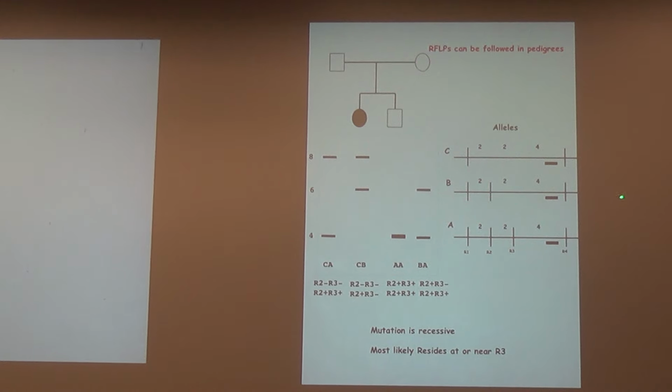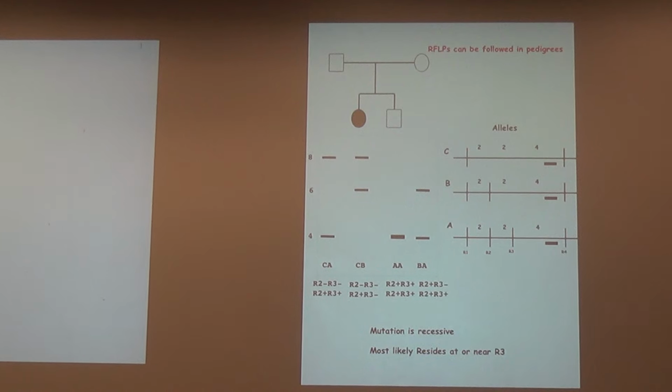In the mother's case, this B RFLP locus was linked to the mutant allele, very closely linked. In the father's case, it was the C allele that was linked to the mutant. And so when the B and the C came together, you became a mutant. Is this clear?